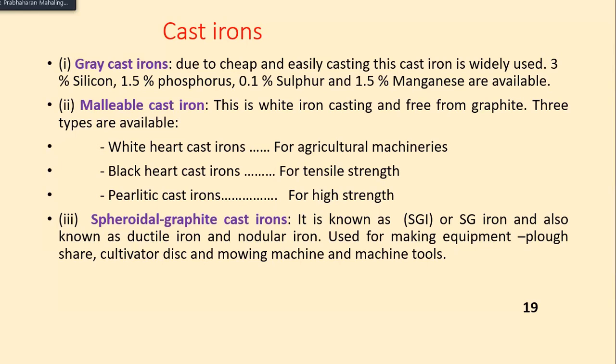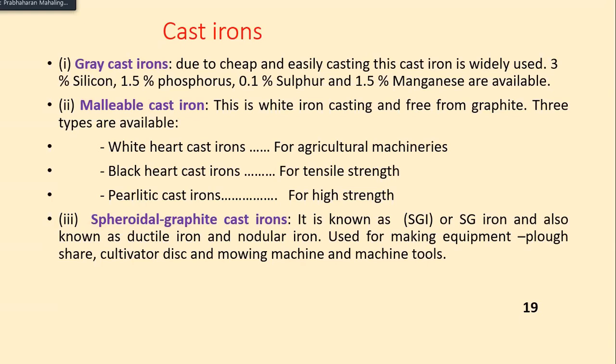The white hard cast iron is for agricultural machinery design. Black hard cast iron is for tensile strength, for example, engine block and connecting rod, something like that. Then pearlite cast iron for high strength.